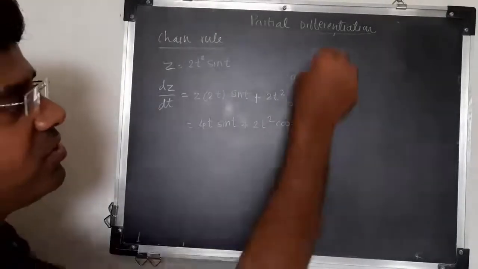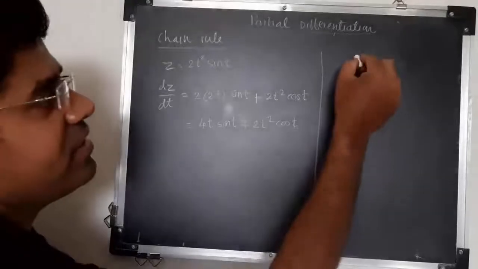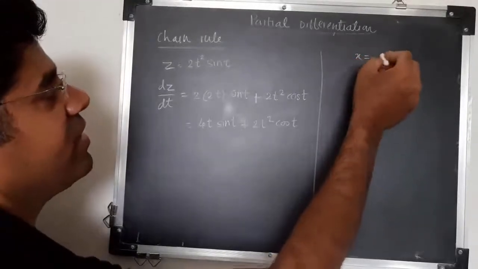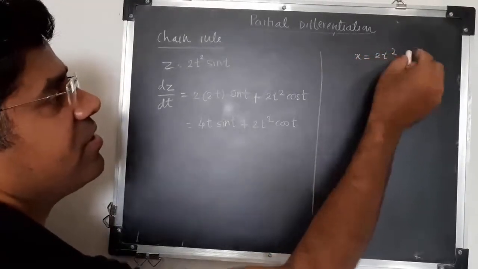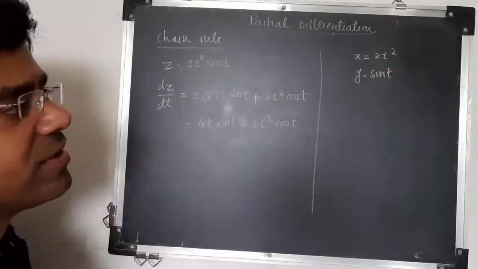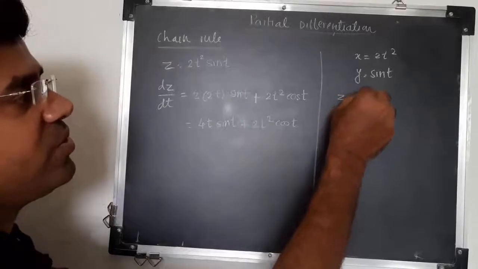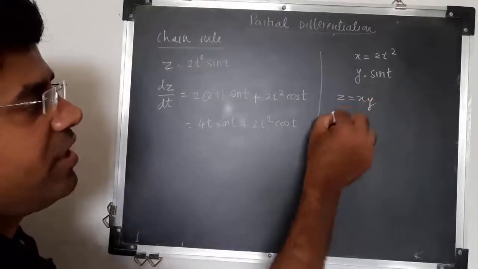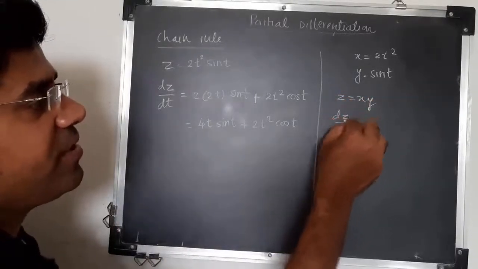Okay, so using substitution, what we can write: suppose x is equal to 2t square, and y is equal to sine of t, and z is equal to x into y. And now my aim is to find dz by dt.